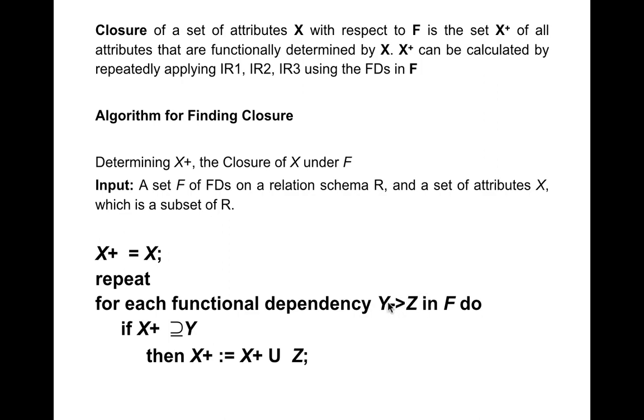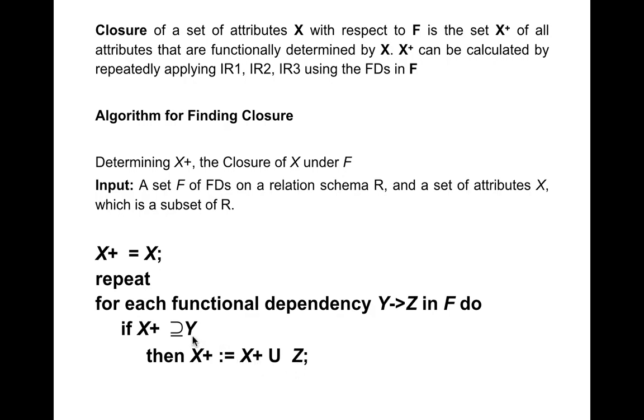So this Y, SSN, is already there in X plus, so we can say Y is a subset of X plus. SSN is already there in SSN P number, which is X plus. So in that case, we can simply add Z to X plus. So we just take union of Z along with X plus.